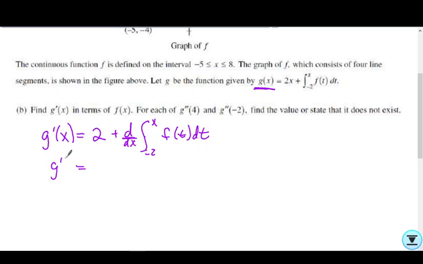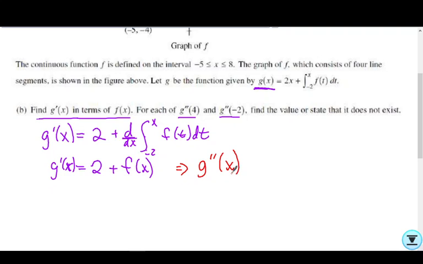So that means g prime of x is 2 plus f of x. There's my g prime, the first part in terms of f. That satisfies this. But now we have to find g double prime. g double prime of x: we take the derivative again.